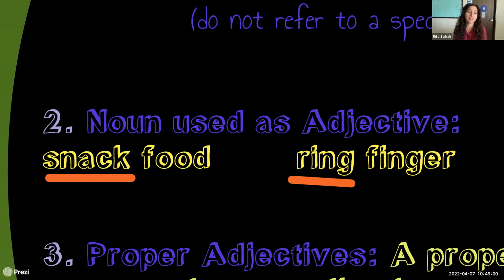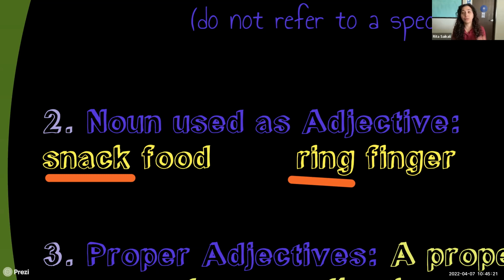Then you have nouns that can be used as adjectives. Okay, so for example, snack food. Snack is its own word, it's its own noun. But when we use it to describe the type of food, then we use it as an adjective. So in this case, snack is an adjective because it's describing food, right?